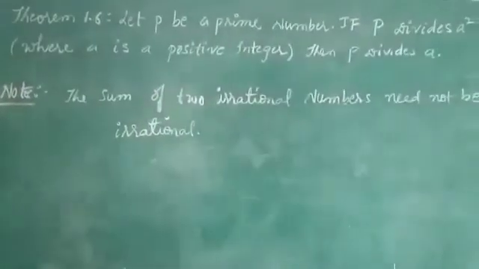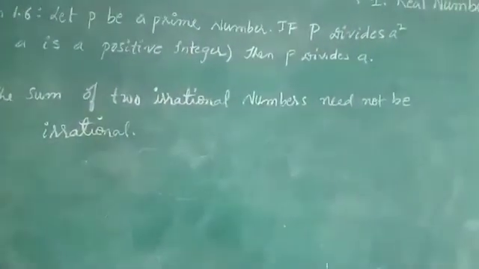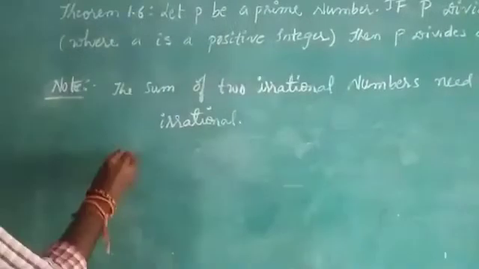See, let's take one example. The sum of two irrational numbers need not be irrational. Let me take an example.